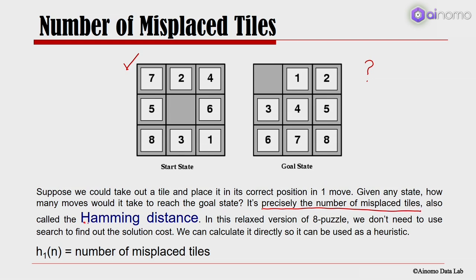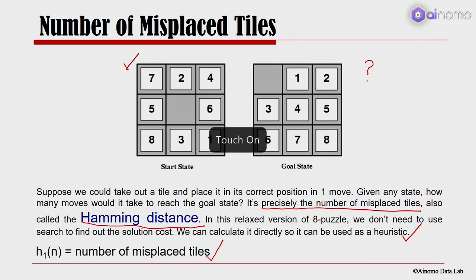This is also called the Hamming distance. In this relaxed version of the 8 puzzle, we do not need to search to find a solution. We can calculate it directly, so it can be used as a heuristic. This heuristic is called the number of misplaced tiles heuristic. Let us call it H sub 1.